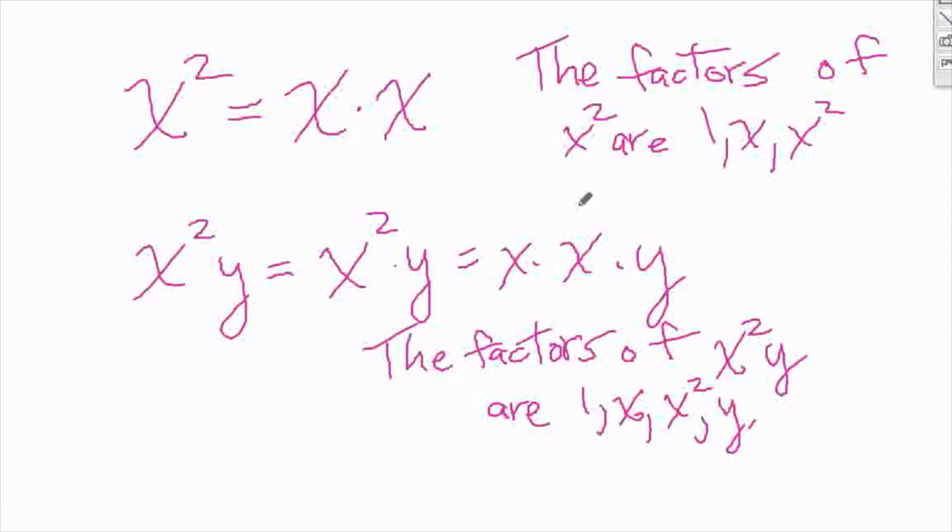Remember when we talked about polynomials, we said that the different pieces that were added or subtracted are called terms. And if the terms all have the same factor, you can do something kind of nice. Let me show you what I mean. Suppose we had 4x plus x squared.